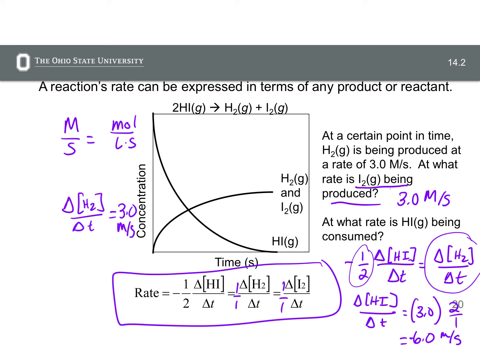We can ignore the other product. If we write that out, this is equal to 3.0. Multiply both sides of the equation by 2 over 1, and then we can solve for the rate of change of the concentration of HI.